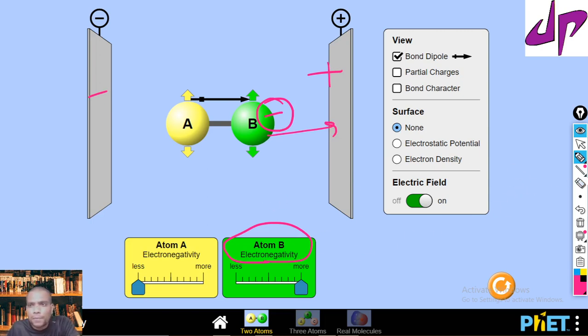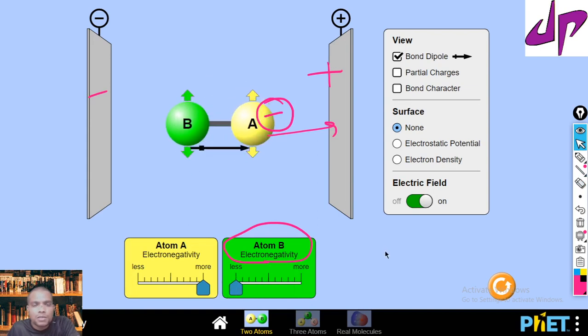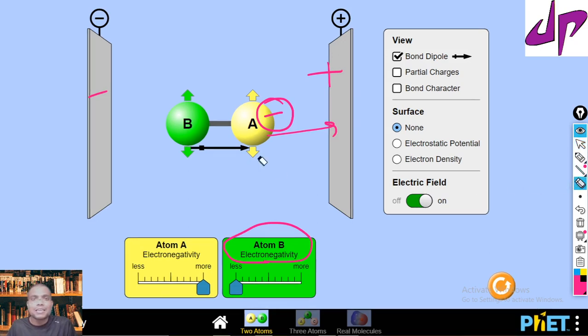Suppose I make A more electronegative than B. Now you can see the molecule is rotated, it has changed its direction.